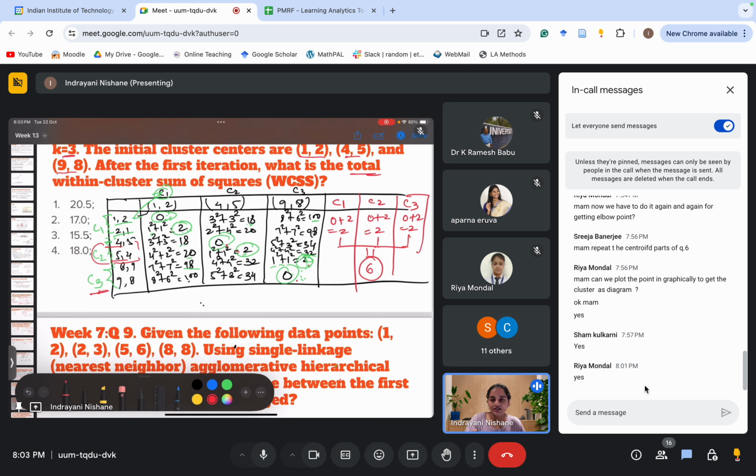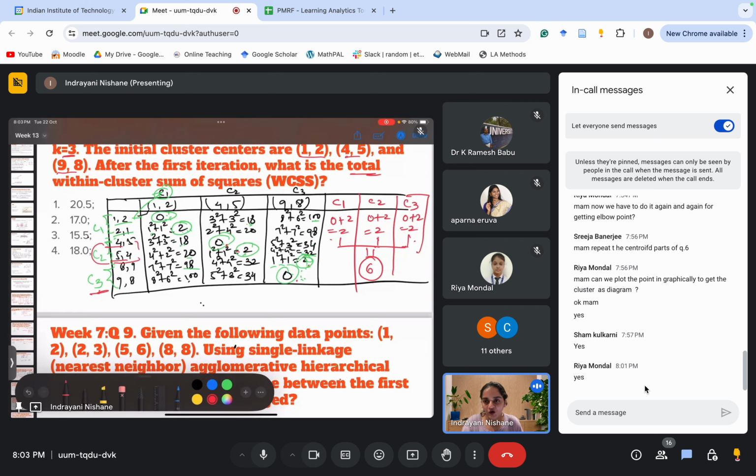So after first iteration, we separated all the points, assigned clusters to them, and then computed their within cluster sum of squares. For each cluster we computed the sum of squares, and then we added them together to get the total within cluster sum of squares.